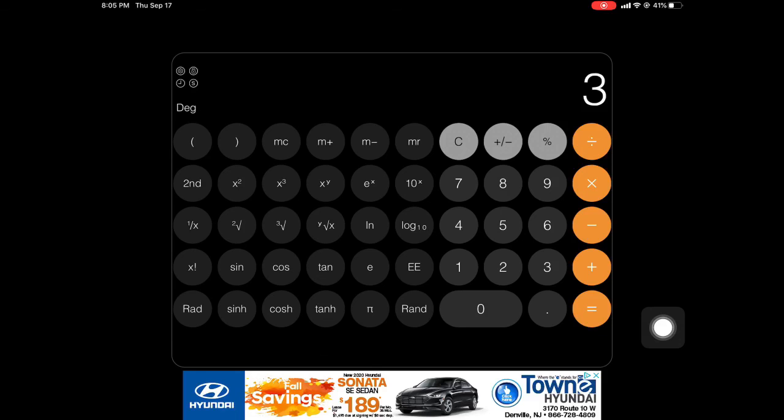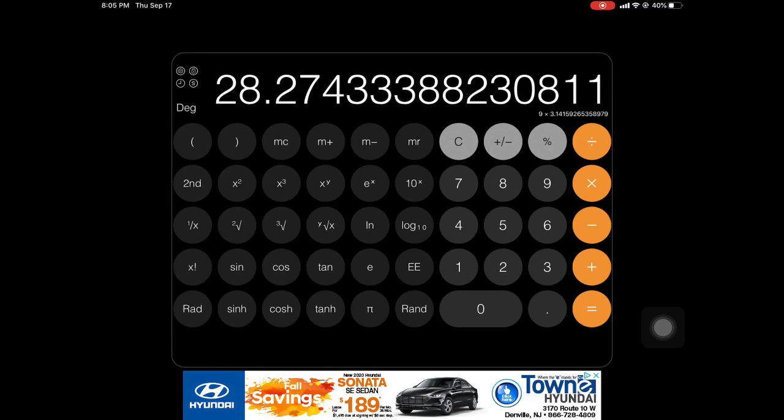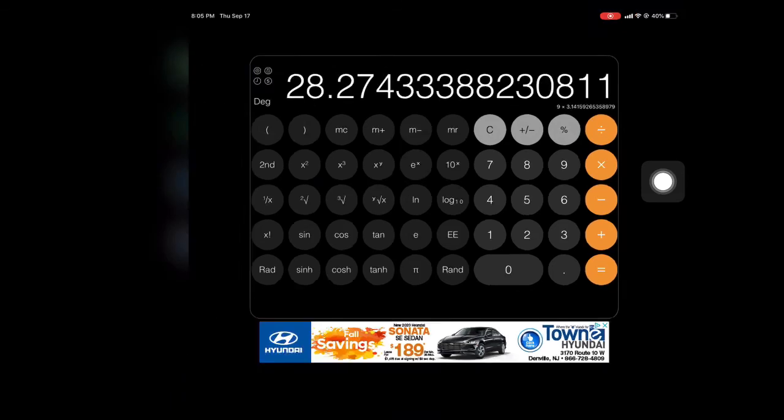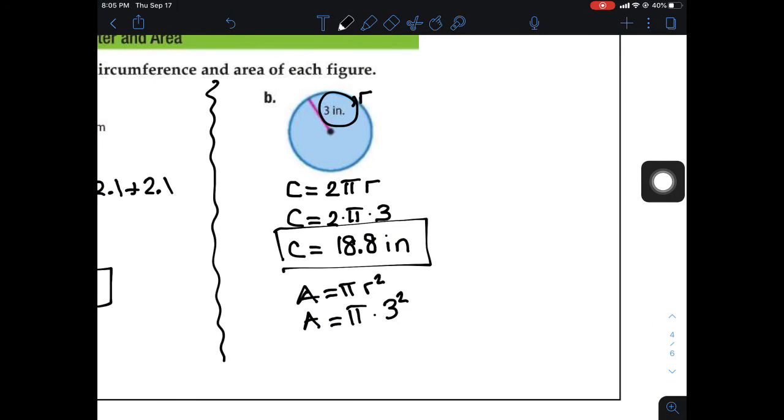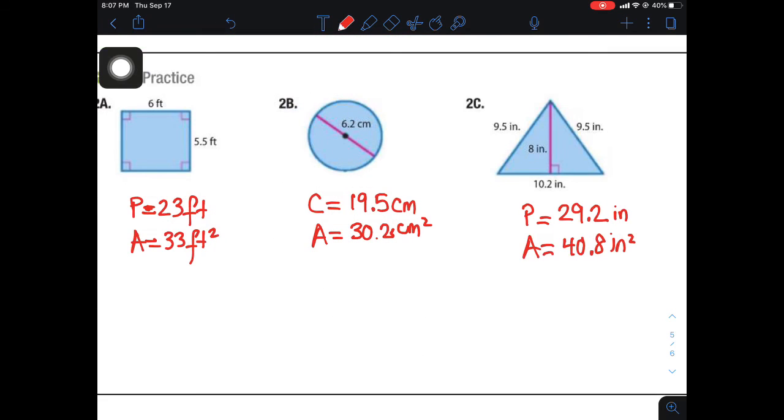If you don't know that, you can do 3 times 3, which is 9. And then times that by pi, and that's 28.27. But I'm going to round this up to 3 because of that 7, so it'll be 28.3. 28.3. That's the area, and it's inches squared, or squared inches. Pause your video here and try these on your own and check your answers.